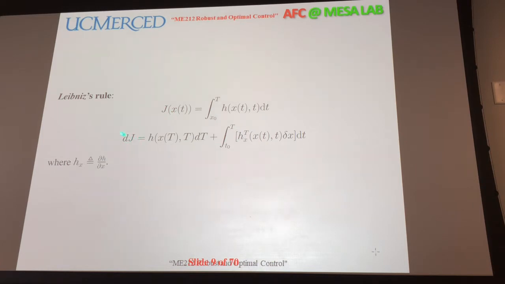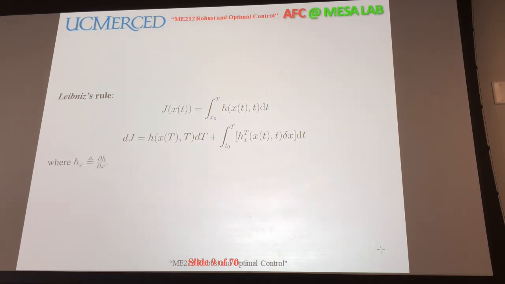The dJ is partial J partial x, and they put this dx to this side. So it is a partial in here, and you have delta x. And you also need to consider the terminal. Leibniz already did that kind of variation.